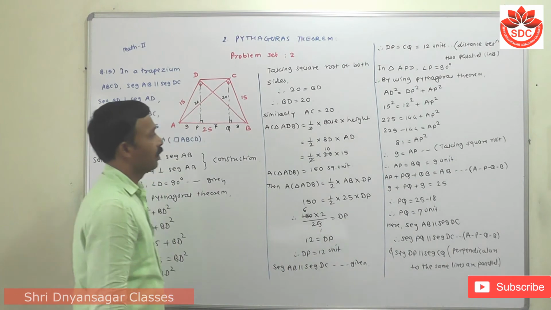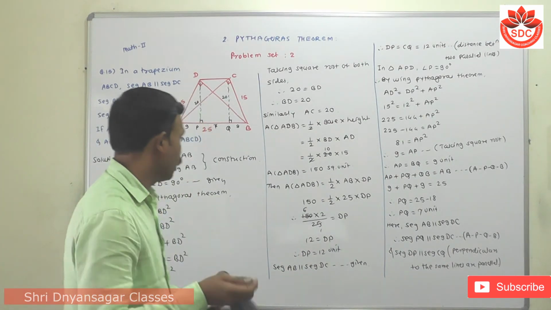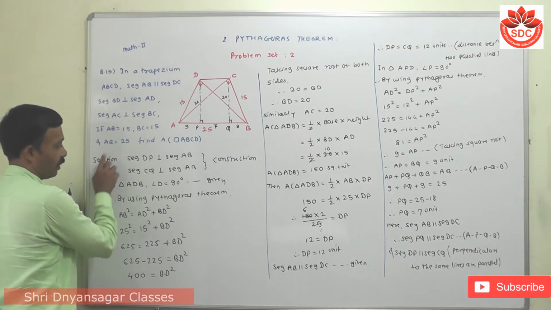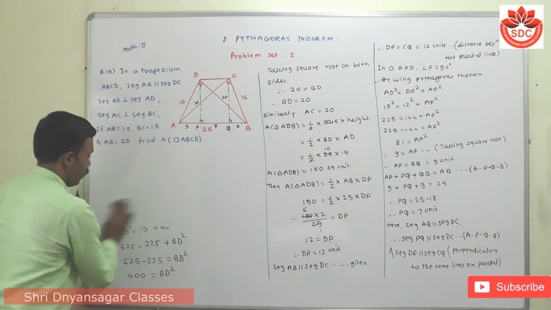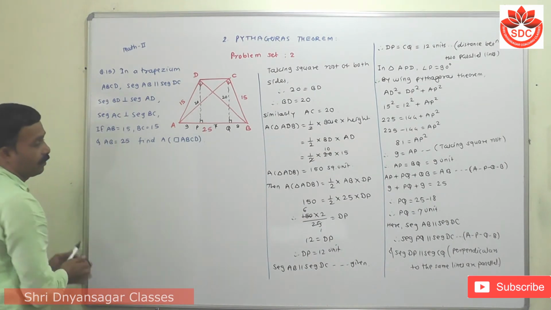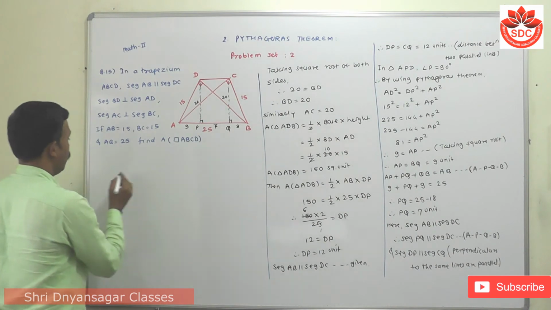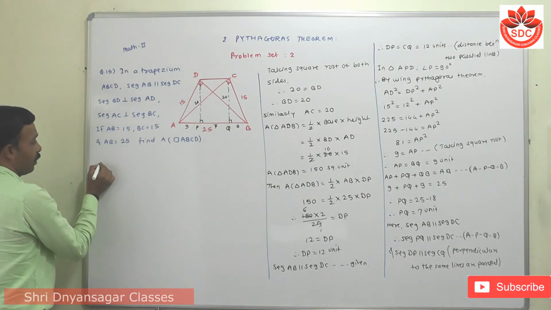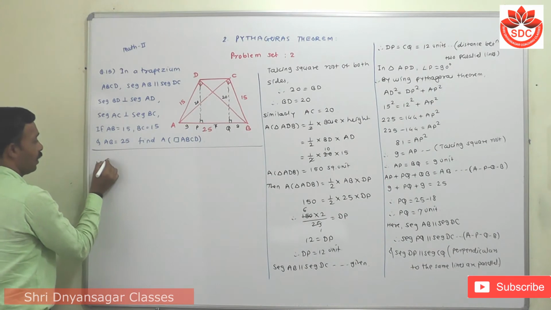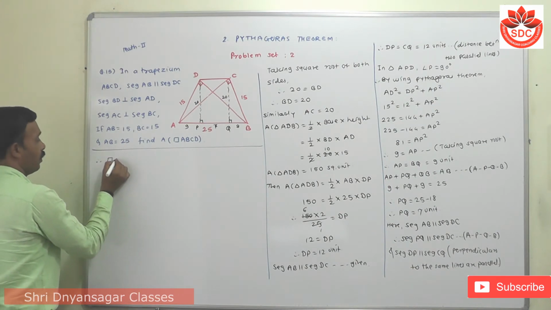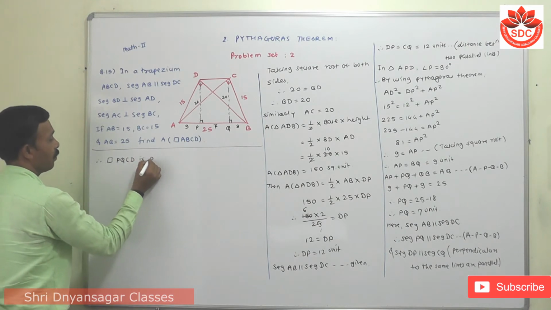Student, I have taken some space here. Look at this point here. Can you understand this one? I have drawn here. Then this quadrilateral, therefore quadrilateral PQCD is a parallelogram.